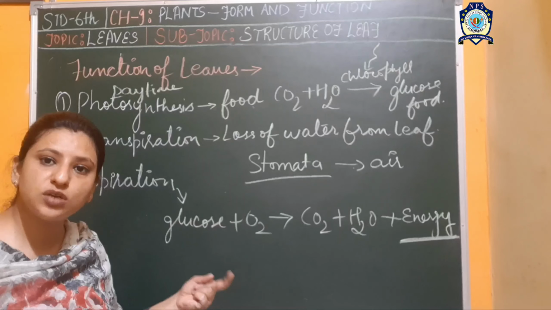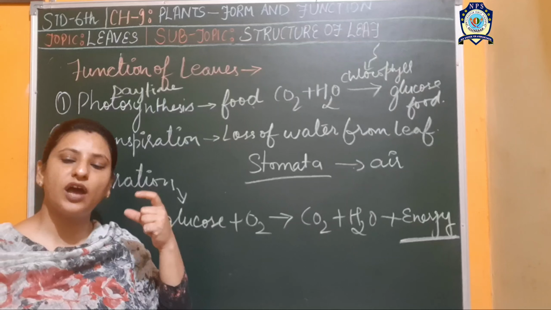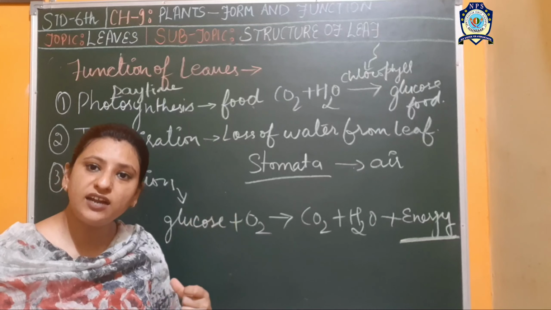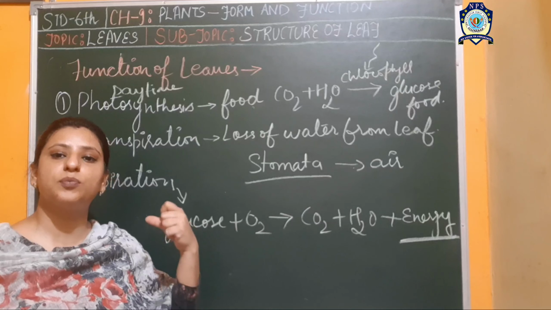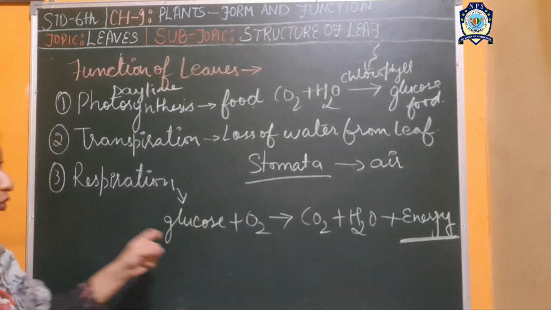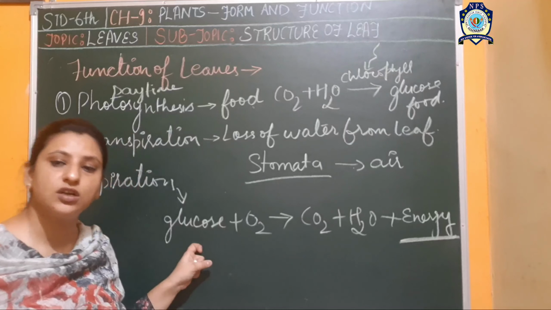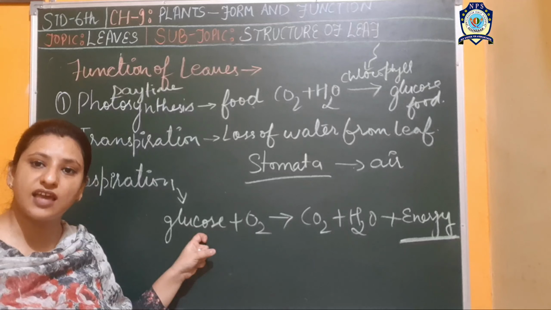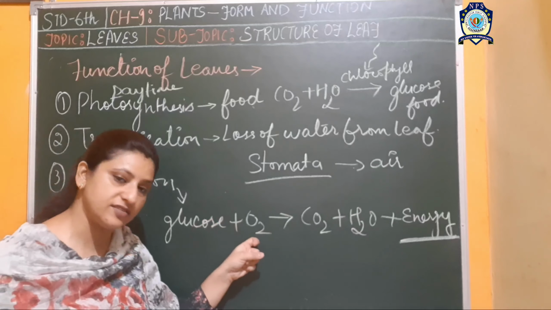Because the plant has to have energy to perform life activities. To get that energy, plants undergo respiration, and during respiration, what happens? Glucose is there inside the plant. This glucose present inside the plant cell combines with oxygen.